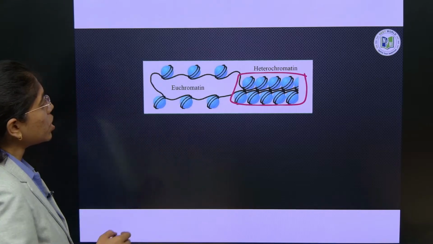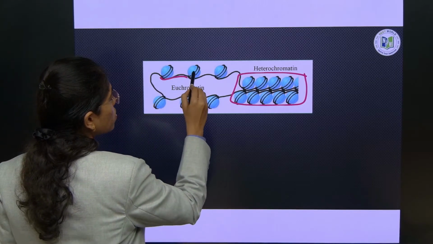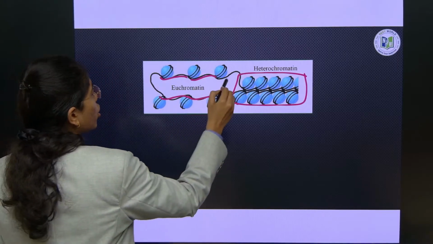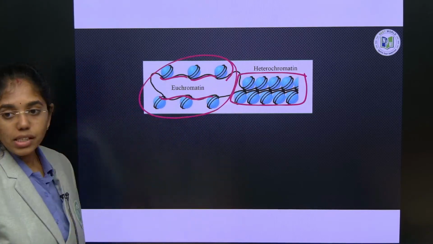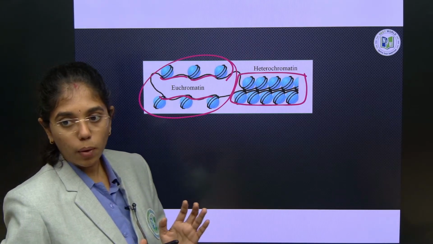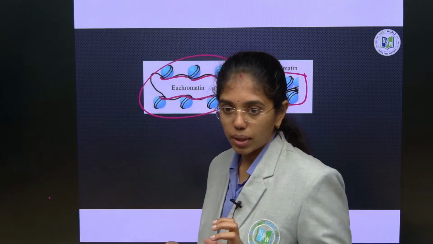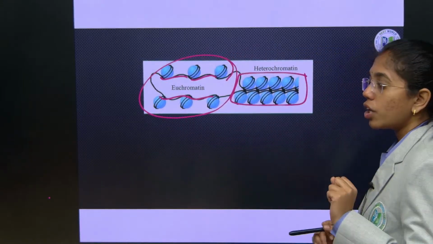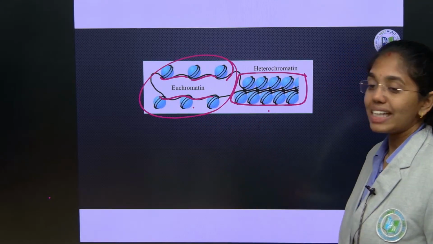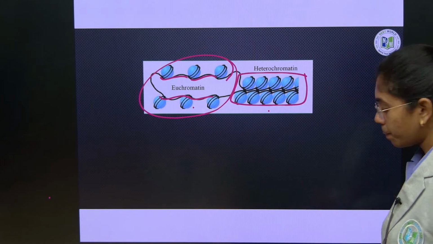The regions where the nucleosomes are loosely packed, here you can see they are loosely packed, right? This is euchromatin region. As such, after condensation of DNA, in proper terms, you will come across two regions. One is euchromatin and the second is heterochromatin region.